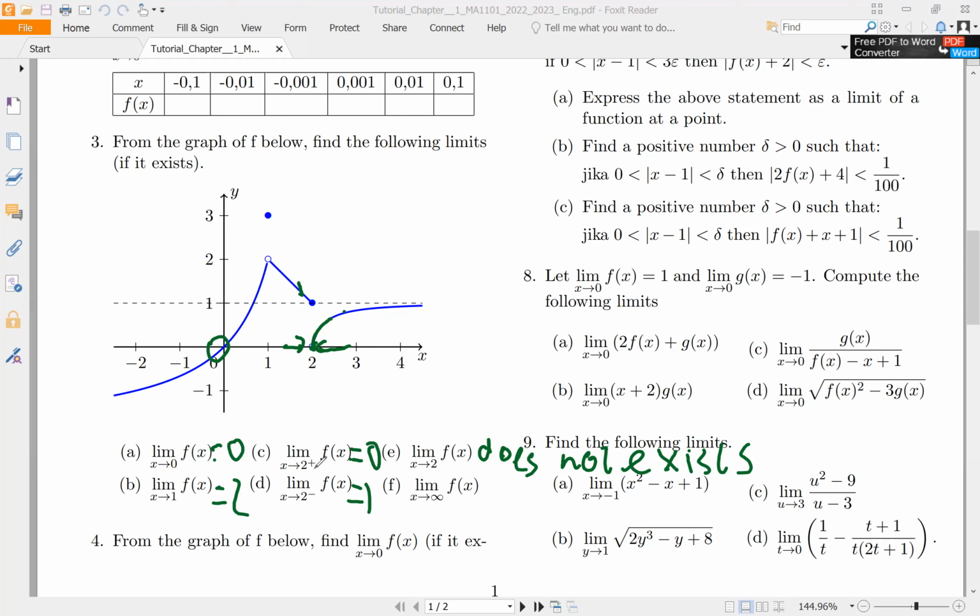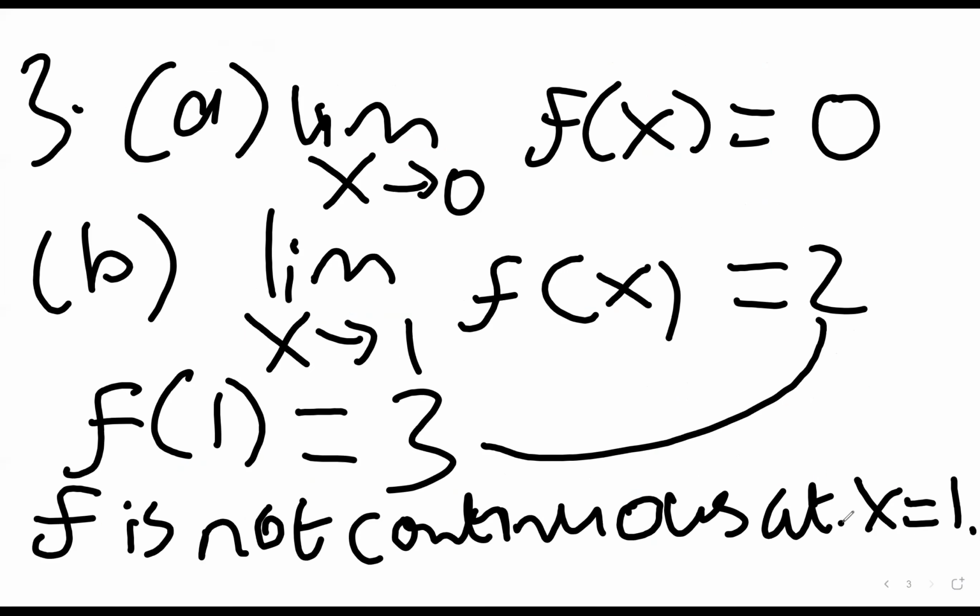And what is the limit at infinity here? It is 1, because if you move the graph indefinitely, it is approaching 1. I will write it on the whiteboard just for our record.